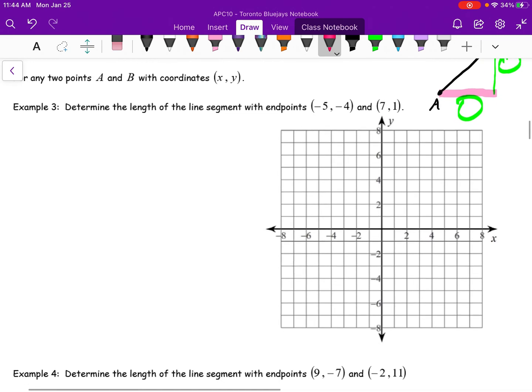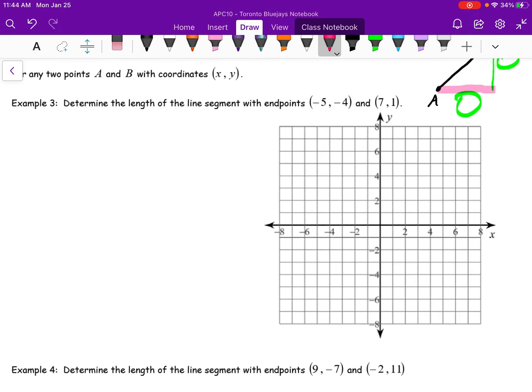Determine the length of the line segment with endpoints -5, -4, here is A, and 7, 1, which is B. I need to calculate the distance of this line.